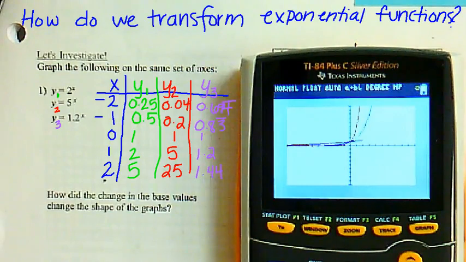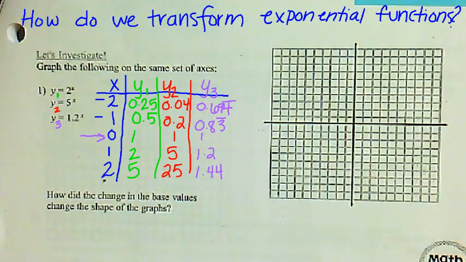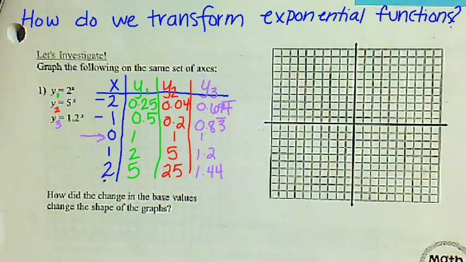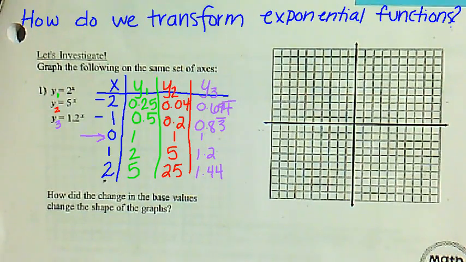So what I want you to notice, number 1, is that they all go through 0, 1. Okay? So I do want to plot these on our graph. Okay, so for every time we go to a coordinate, we're going to use the same x. So to do our green graph, actually I have the purple on, so I'm going to do the purple first.